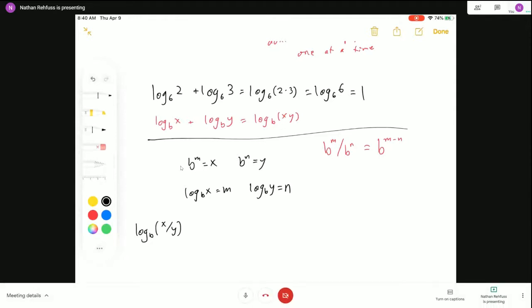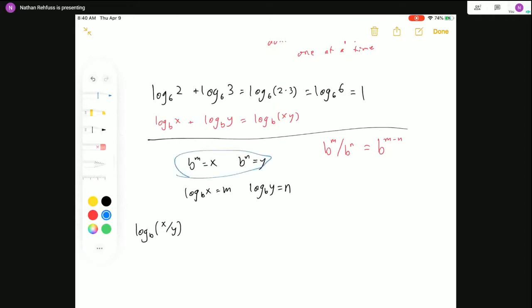Steps are almost the same. First step, I'm going to invoke these two. So this is log base b of b to the m divided by b to the n.